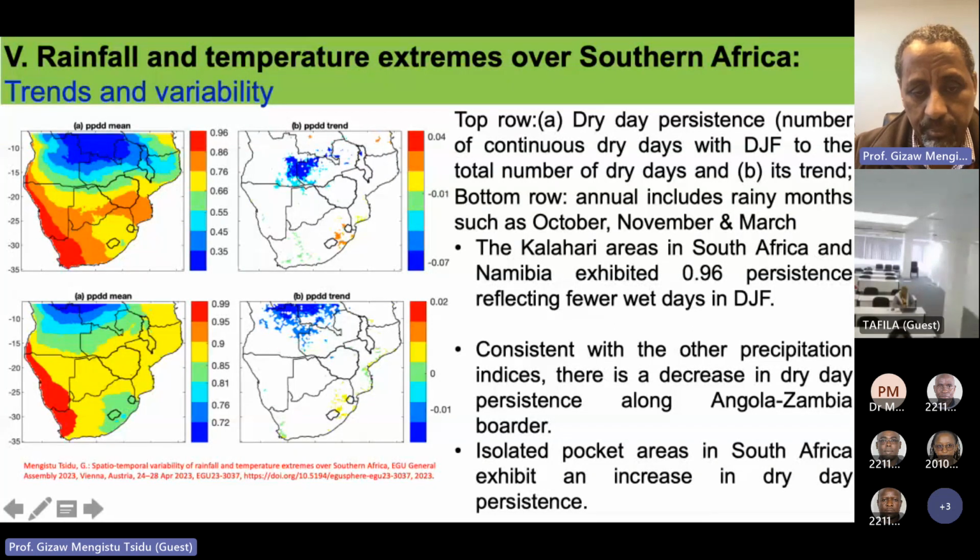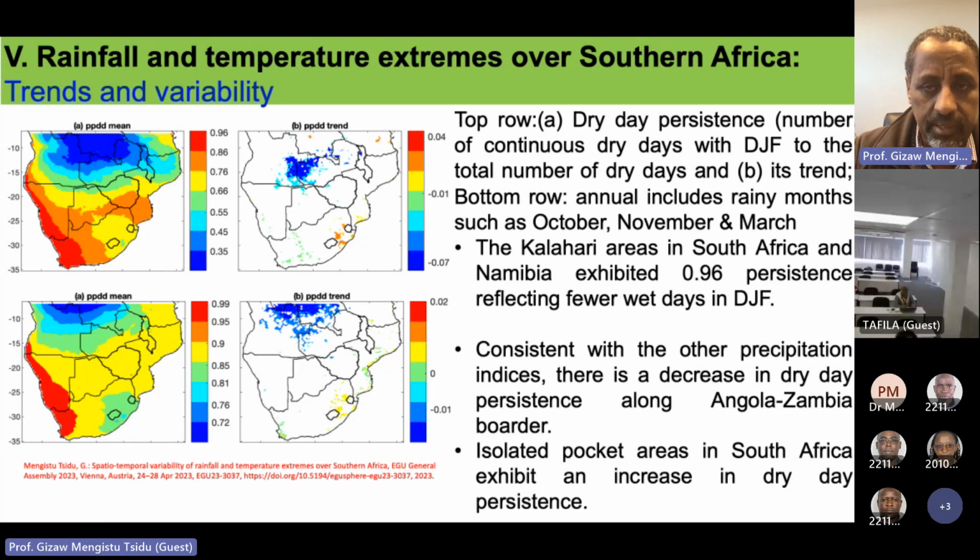In terms of temporal evolution, the trend from 1981 all the way to now, what you see here is a decrease. That means the northern part, the blue one over the northern half of Southern Africa, actually it covers only a small portion of Angola, and most of it is within Congo area. You can see that there is a decrease in the continuous dry days.